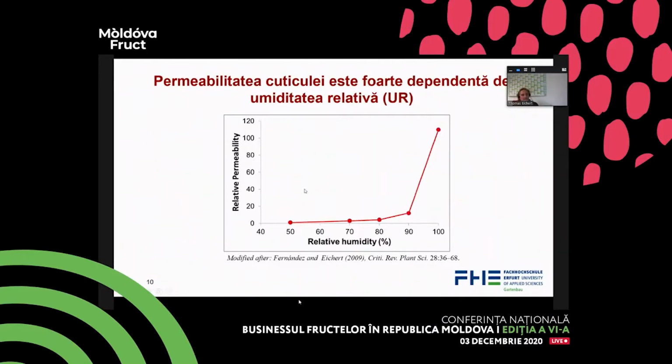And what was found by analyzing a range of studies is that below, let's say, 80% relative humidity, the permeability is very low, and it only increases if air is moist, if humidity approaches saturation. If we have 100% humidity, for example, only then do we have high permeability. So how does it come?